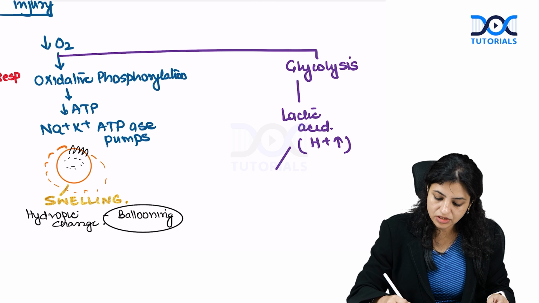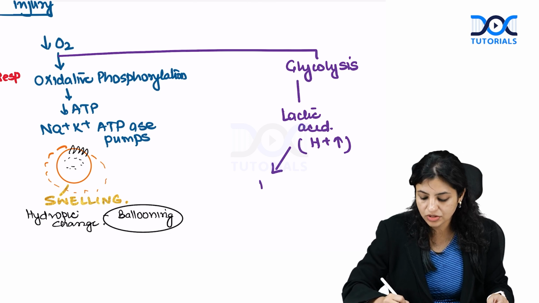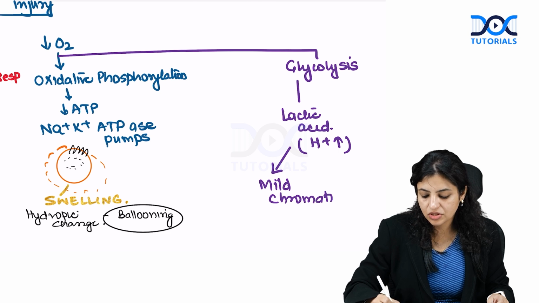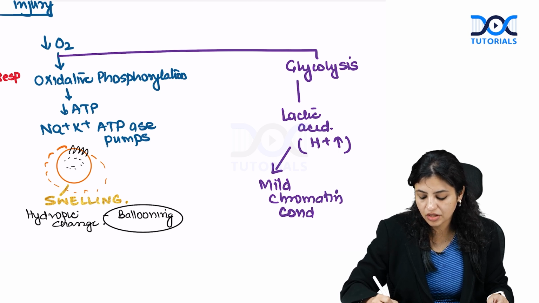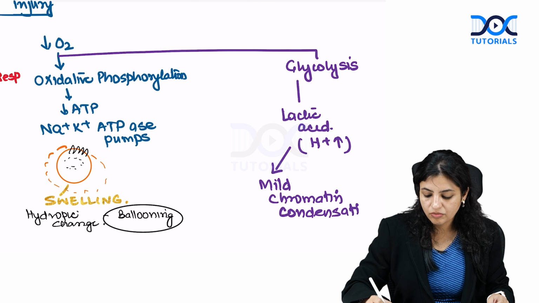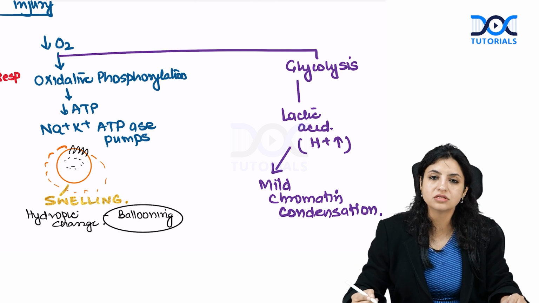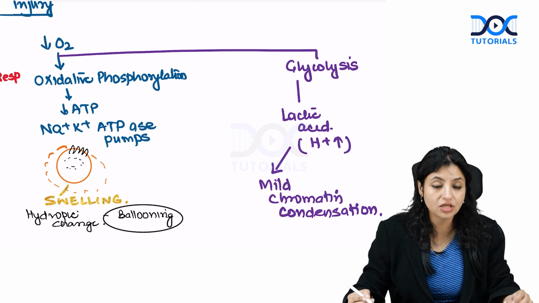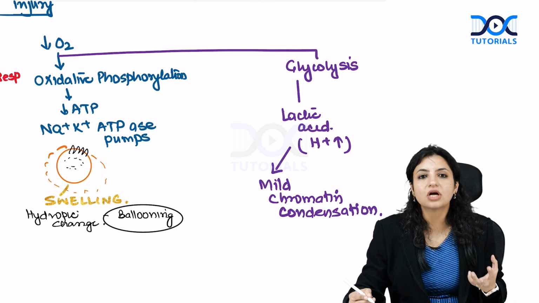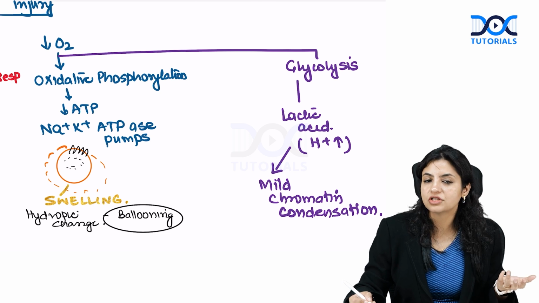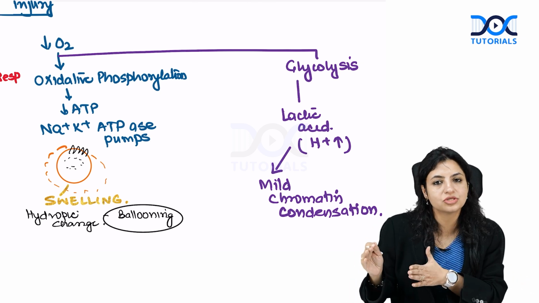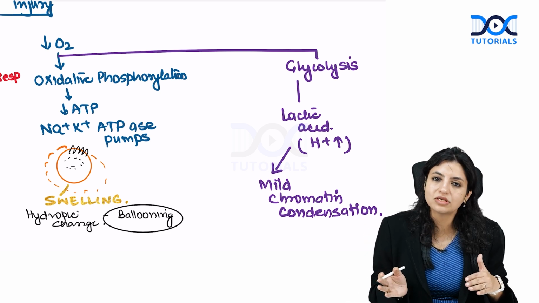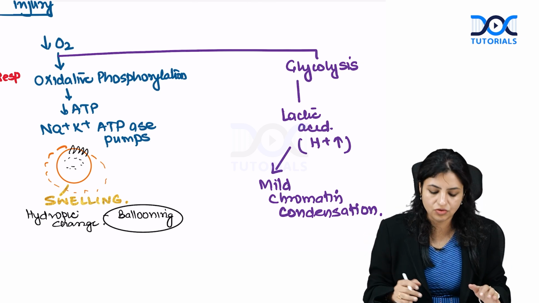This is very important because acid always causes mild chromatin condensation. But this is mild, that is why it's reversible. Why? Because if you start giving oxygen to the tissue, oxidative phosphorylation will start and immediately the glycolysis will stop, so the acidity will reduce. That is why all the changes we are studying here are reversible. If you give oxygen, everything is going to revert.